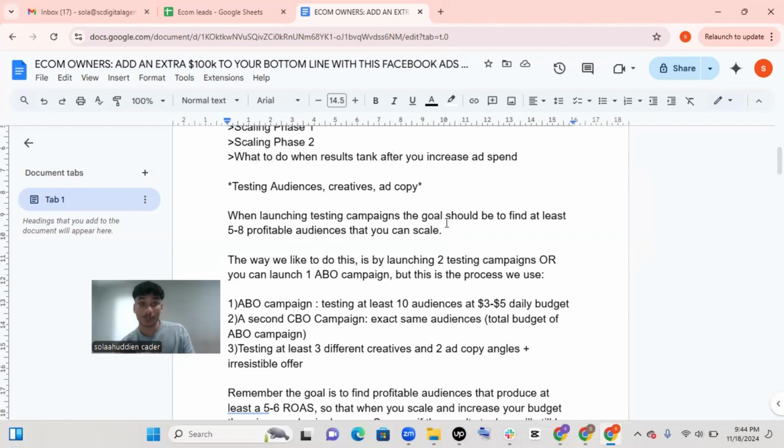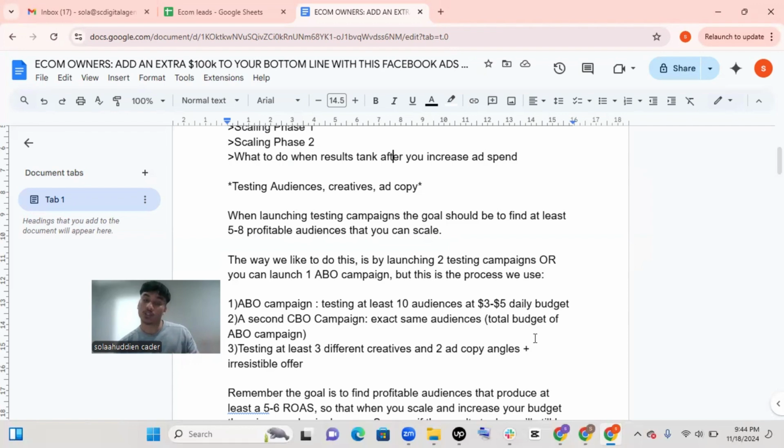You can spend $10,000 testing and it can produce no results, or you can spend $2,000 of your $10,000 budget, find profitable audiences, and then scale. That is the correct way to go about doing this.